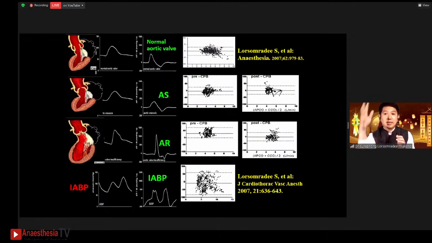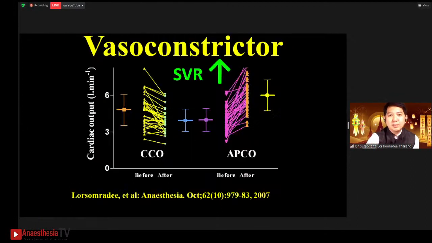That's why it makes the data overestimated. And if we have an intra-aortic balloon pump, the data also scatter. So in case the aortic valve morphology changes, like aortic regurgitation, we have to think that the data may be overestimated.